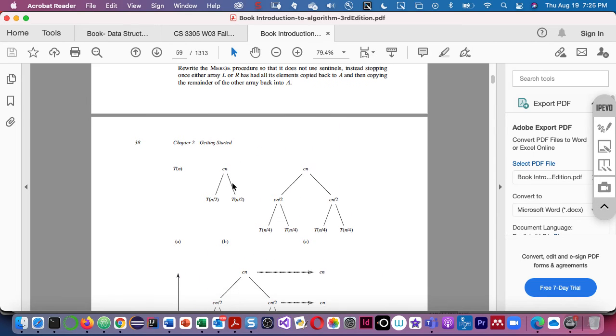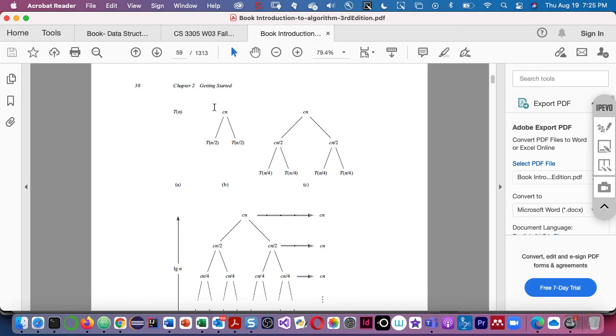Okay, so when you read the book, please go through this example. Our total number is n. If each unit takes c units of time, then the total time will be cn, right? And then in the divide and conquer method, we divide n by 2, splitting in half. Then this n by 2 is split in half again, so n by 2 divided by 2 equals n by 4, right?